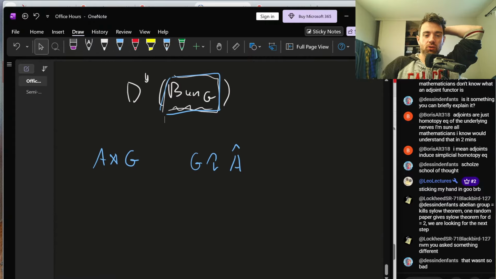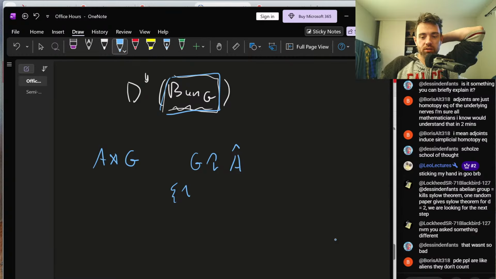And so how do we build representations of semi-direct products? Well, we look at this action. We break this into orbits. Basically, choose some character chi of A, and you look at the stabilizer.